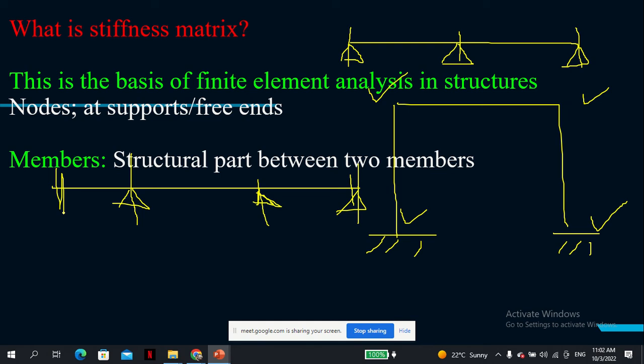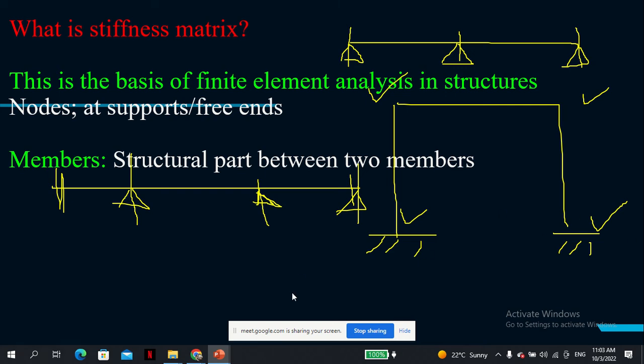So these are points that help us break the structures at convenient places so that we are able to derive what we call a stiffness matrix. Because many people think this is difficult, I will try to go a little slowly to make sure you are able to understand, and demonstrate with examples.